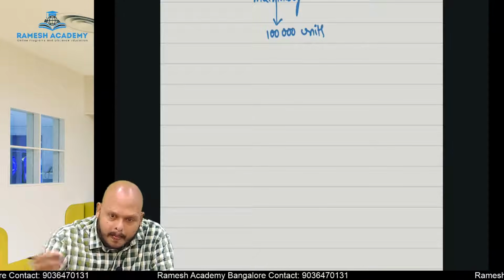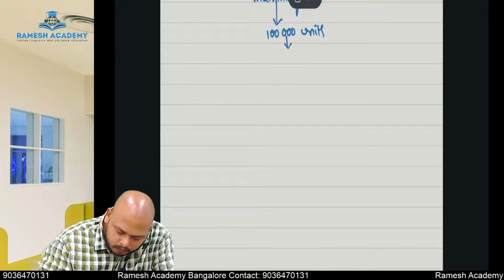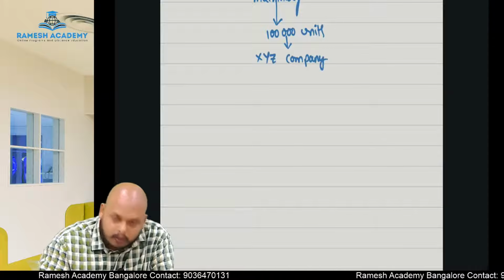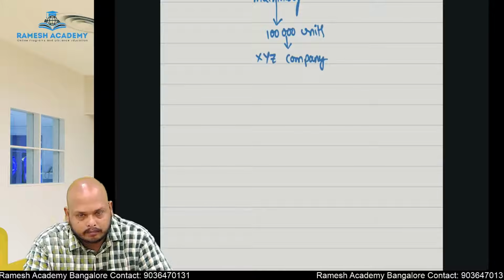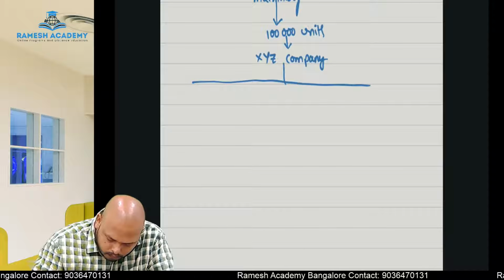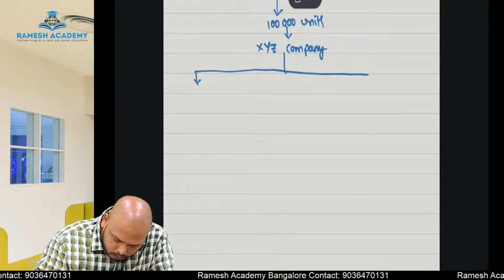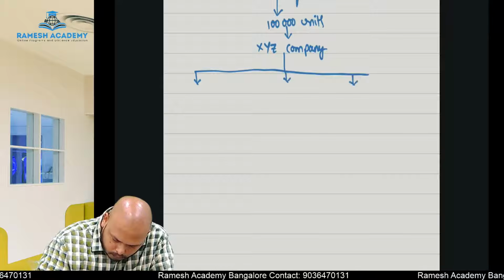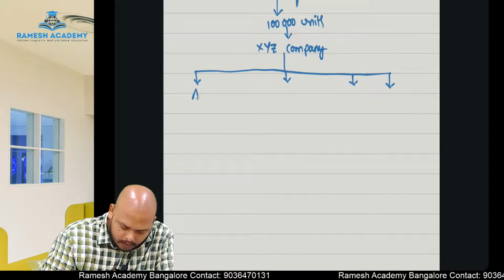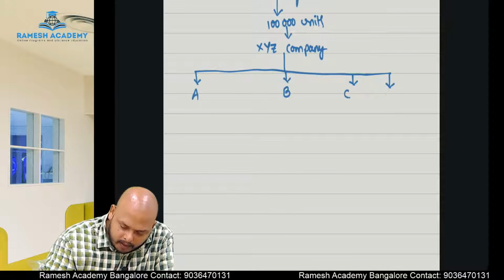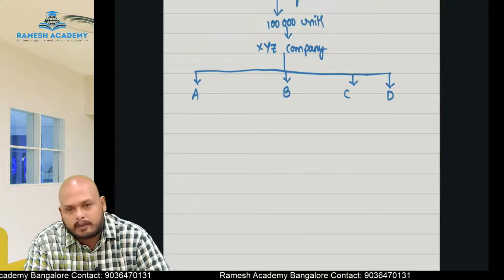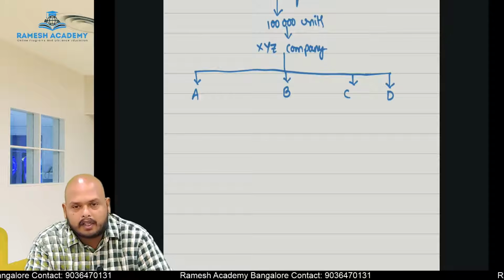There is an XYZ company. XYZ company is dealing with 4 types of products: product A, product B, product C, product D.